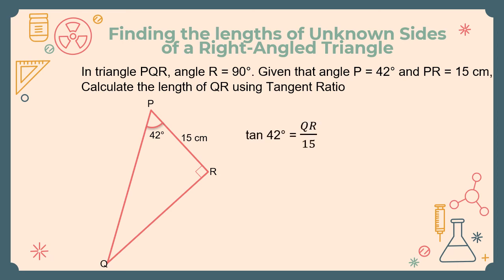So tangent 42 degrees, since the angle P is 42, then the opposite side is QR over the adjacent, which is 15 centimeters. So cross multiply. So QR now is equal to 15 tan 42. So QR now is equal to 13.51 centimeters.